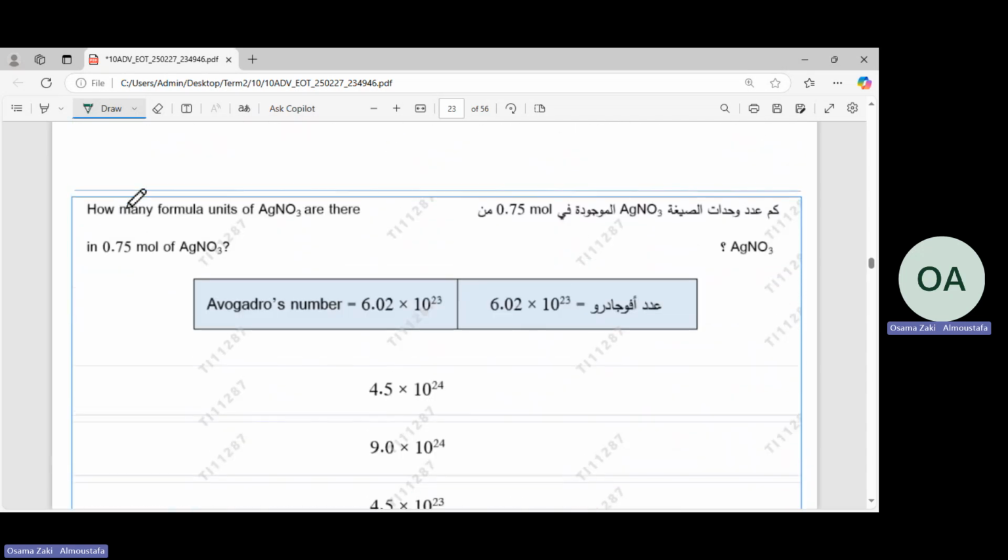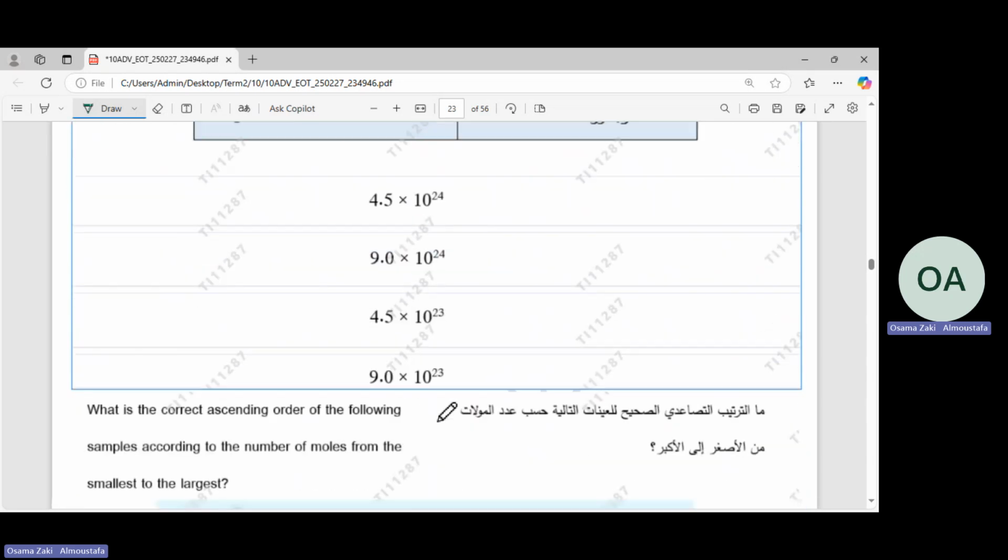Here, how many formula units? Formula units means particles. So what do we have here? We have 0.75 mole, multiplied by 6.02 times 10 to the power 23 over 1 mole. So you can use the periodic table to find the answer, then you can choose the correct answer.